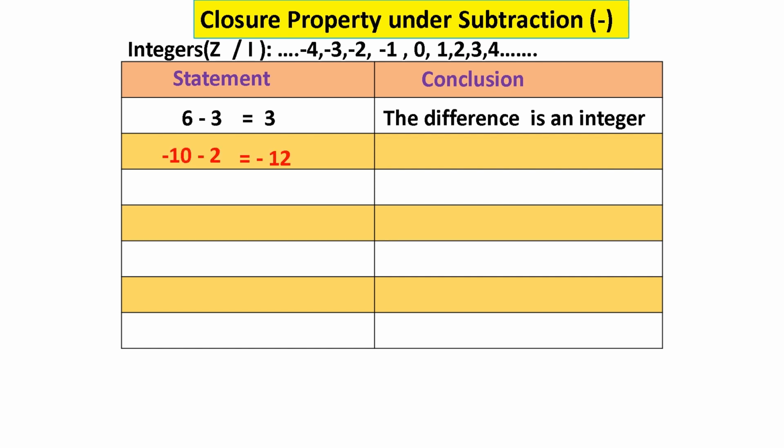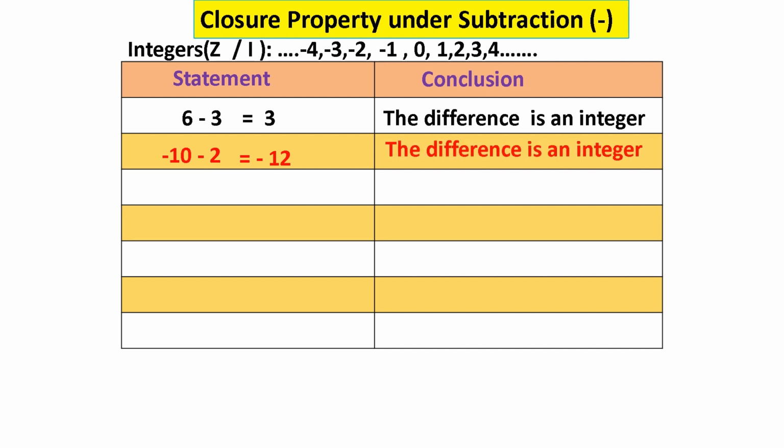Next, -10 and -2. -10 is an integer, -2 is also an integer. So here we get -12. Here -10 is one of the integers, and +2 is one of the integers, but the operation is a minus, so we get only -12.